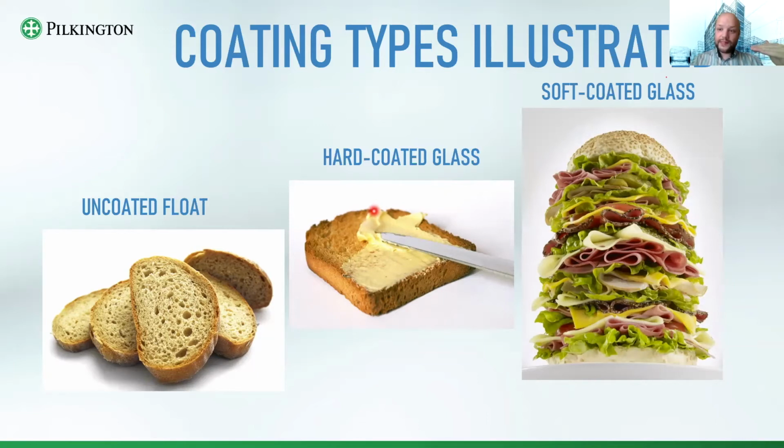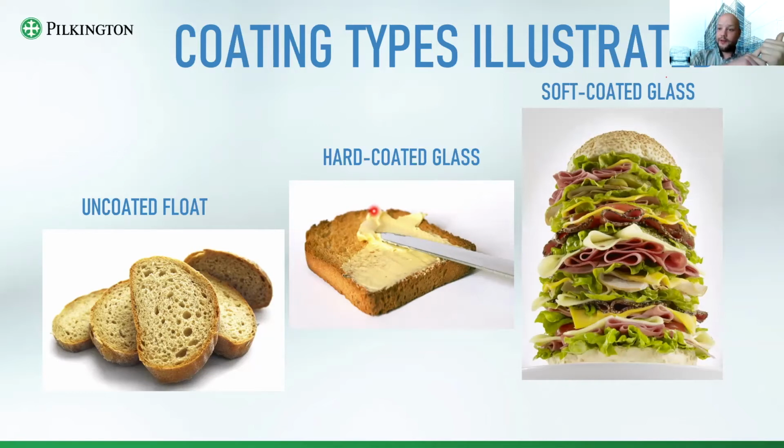So with multiple layers in one coating, you can achieve different levels of light transmission. With that, you can get a color on the glass. So color is made by the coating and not the glass. In there, you can have solar control properties.